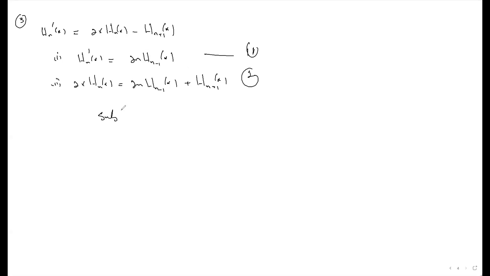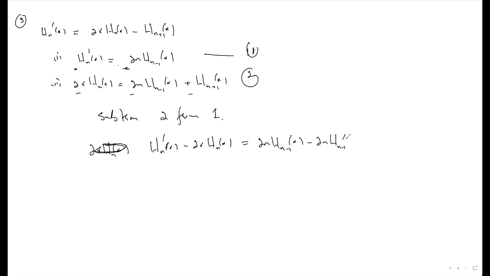Now subtract the second from the first. So this will be h n prime of x minus 2x h n of x equal to 2n h n minus 1 of x minus 2n h n minus 1 of x minus h n plus 1 of x.